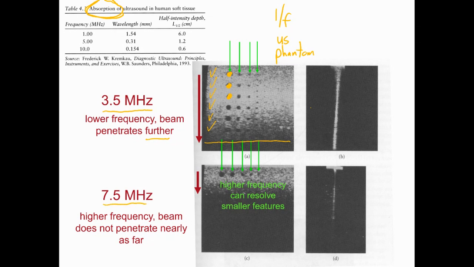When you go to 7.5 megahertz, that's a much higher frequency. Note, it does not go nearly as deep into the tissue, right? If you know that it goes as 1/f, then you could estimate 7.5 is basically twice 3.5, so it probably goes about half as deep, roughly.